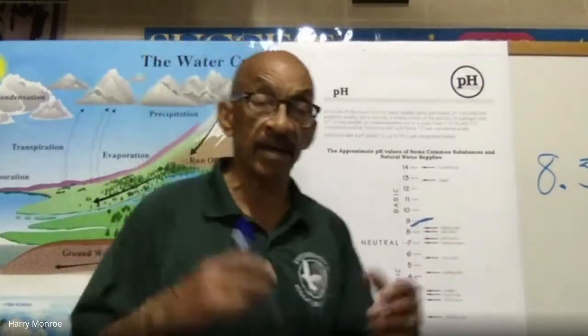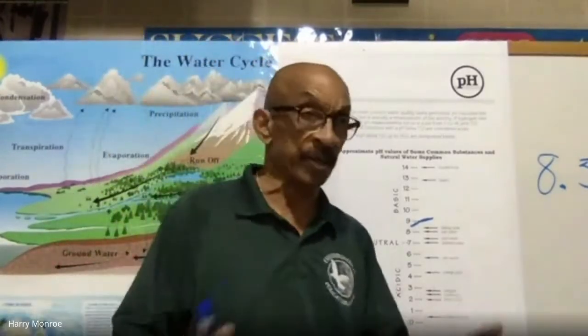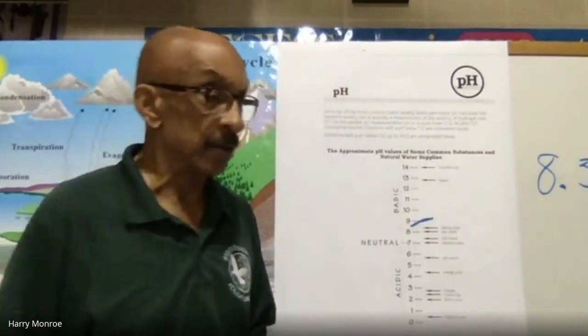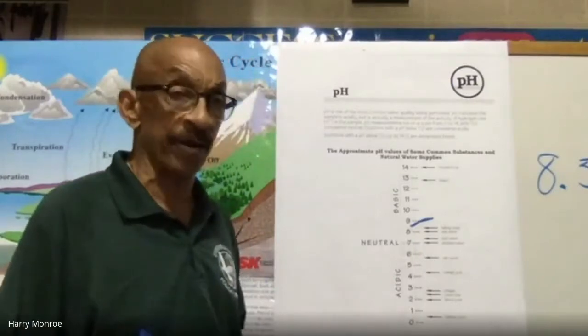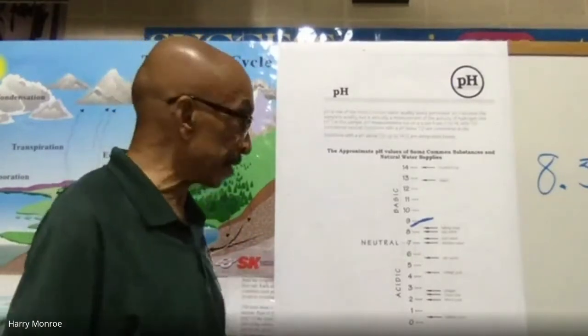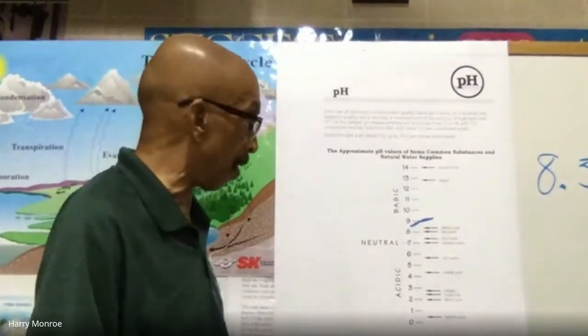And then it can even get lower because of sulfur dioxide and nitrogen oxides that are released into the air, especially from power plants and from automobile exhaust. So acid rain is a real thing. It can be harmful, and then if it's not so acid, it can be kind of helpful with fresh bodies of water that we call lentic.